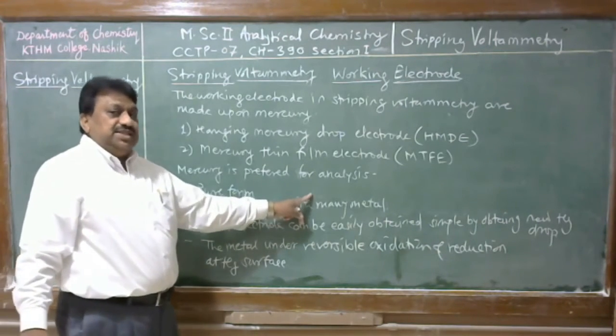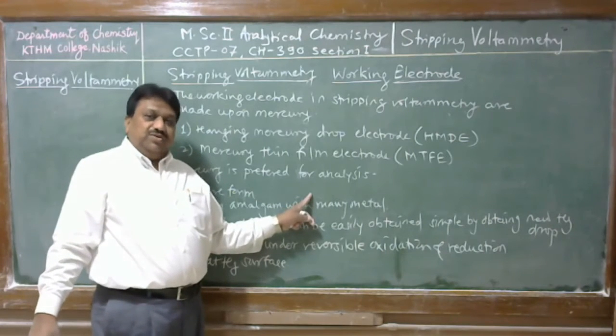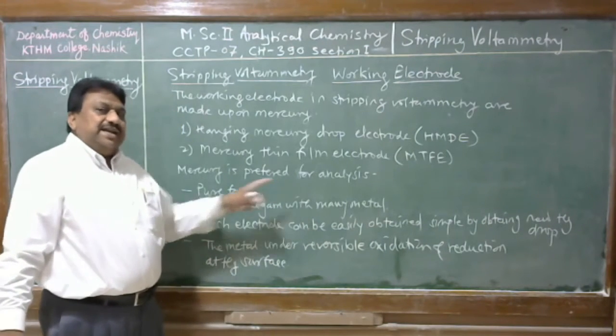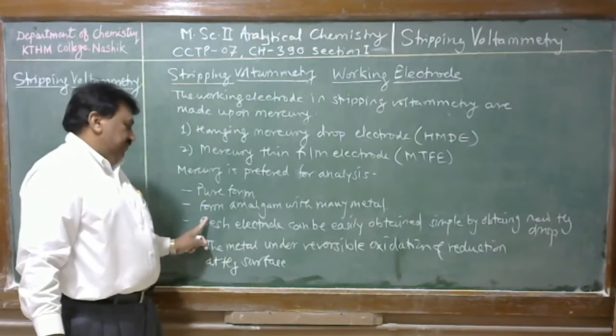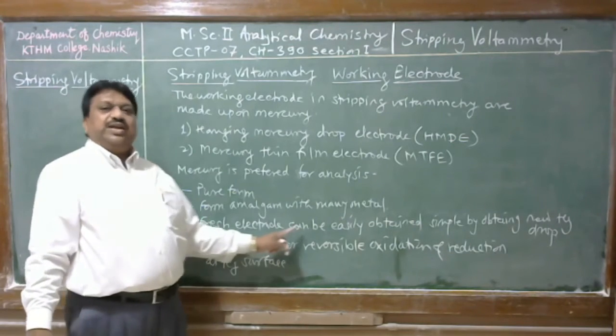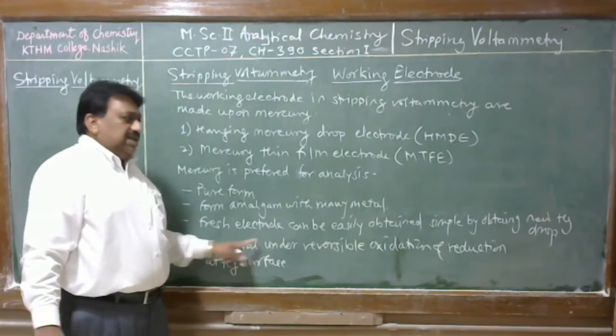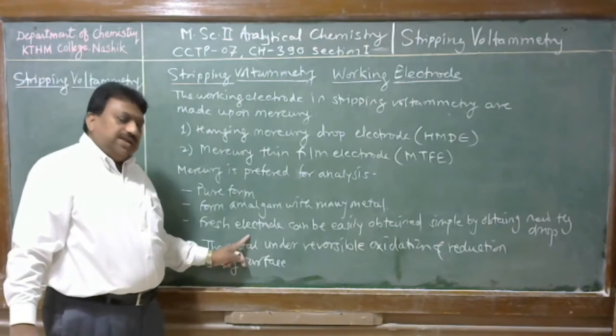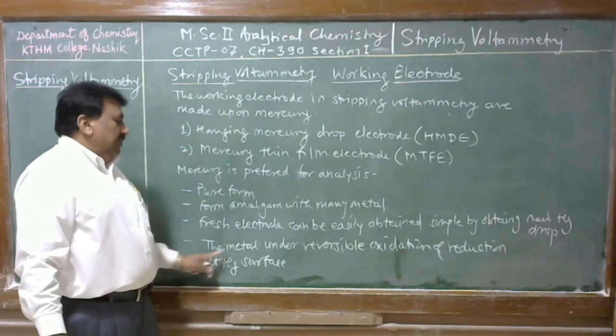That means metal is deposited onto the mercury electrode and it is back redissolved into the analyte solution. Fresh electrode can be easily obtained simply by generating a new drop on the tip of the capillary.